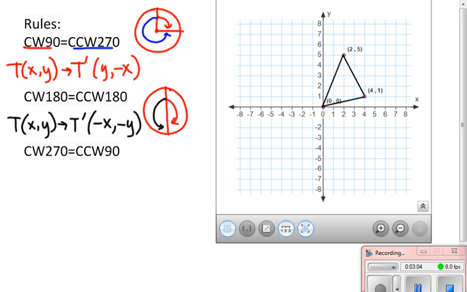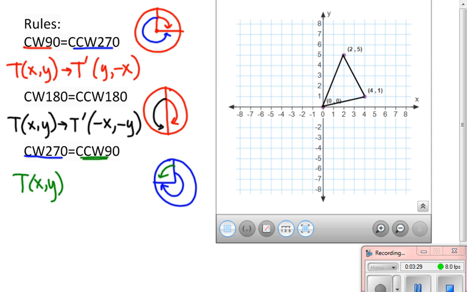And lastly, our rotation here, if we are going clockwise 270 or counterclockwise 90, it doesn't matter, it's the same ending position.